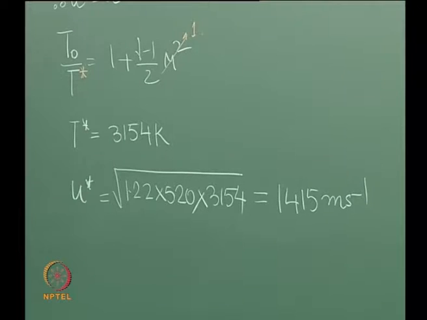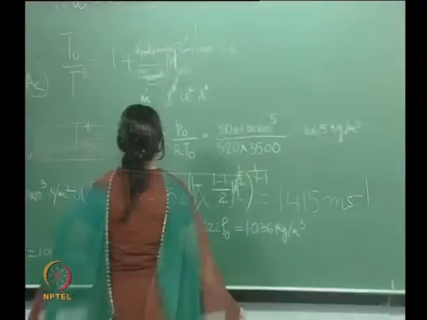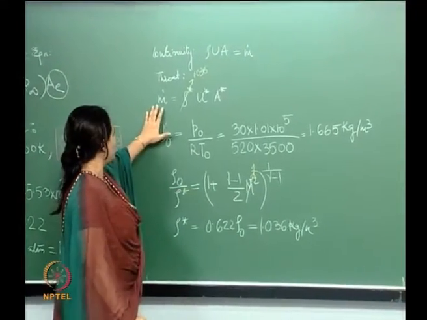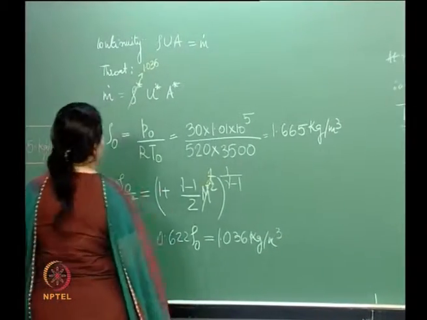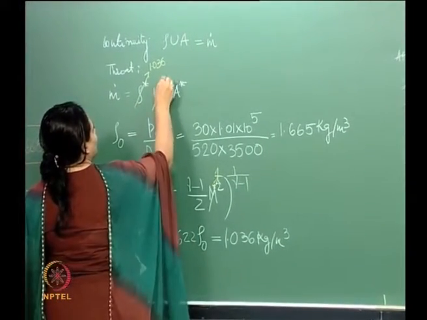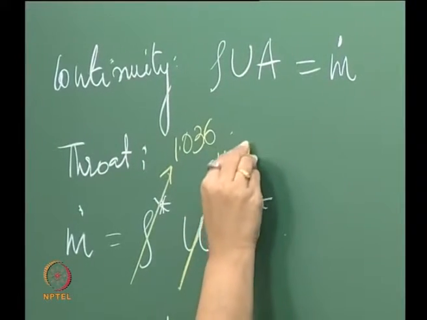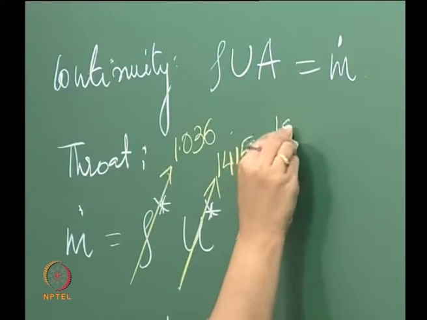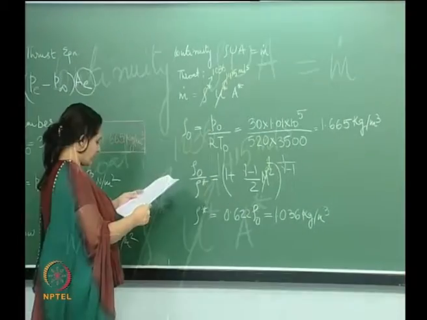This is what we get here. So, what do we know over here? We have rho star and u star. We have got the velocity as well, which is 1415 meters per second. I still need A star.